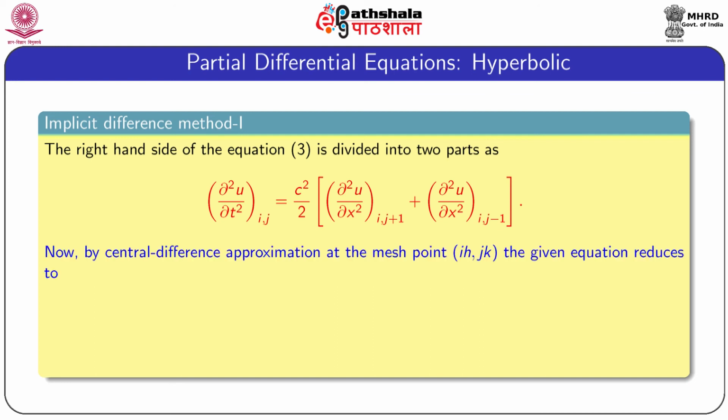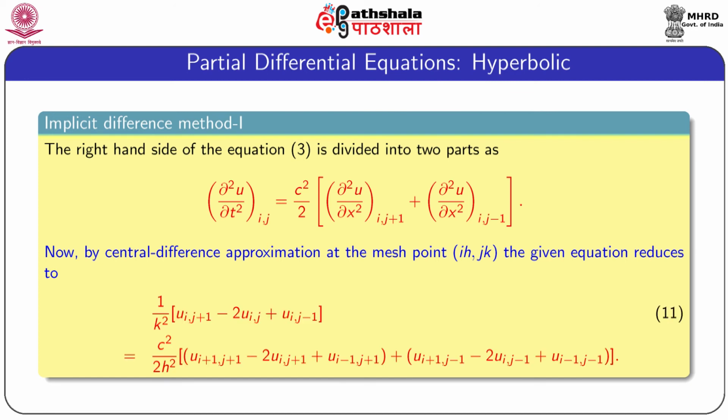That means del 2u del x2 is divided into two parts, del 2u del x2 plus del 2u del x2, and the first term is discretized at the mesh point (i, j+1), and the second term is discretized at the mesh point (i, j-1). Now we approximate all these second order derivatives by using the central difference approximation.